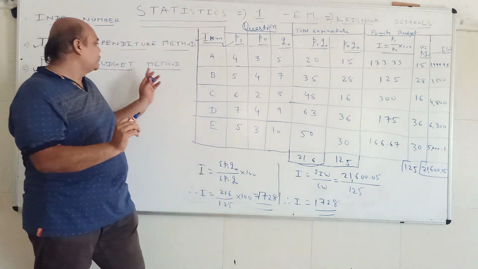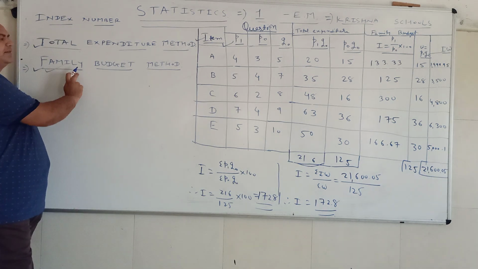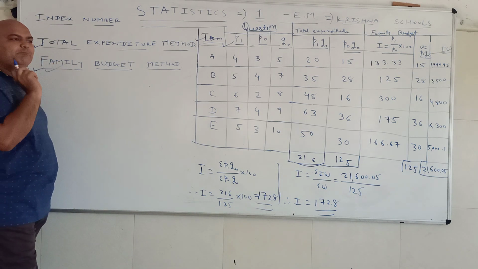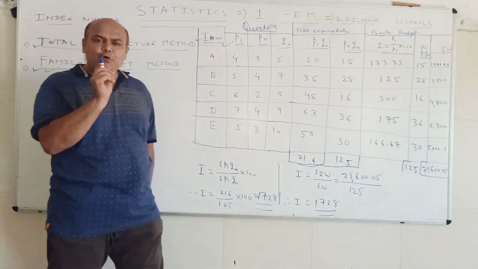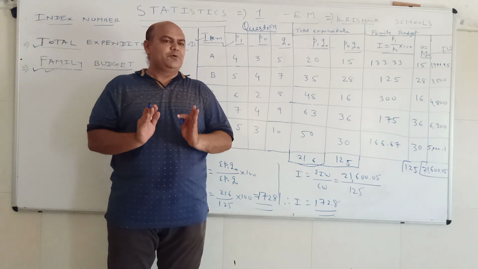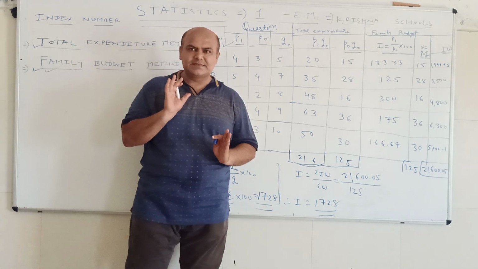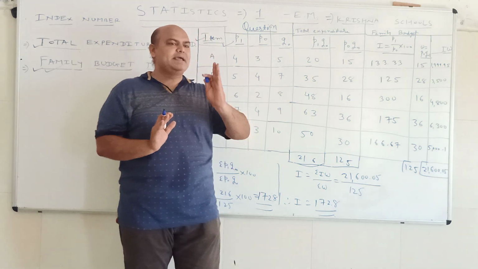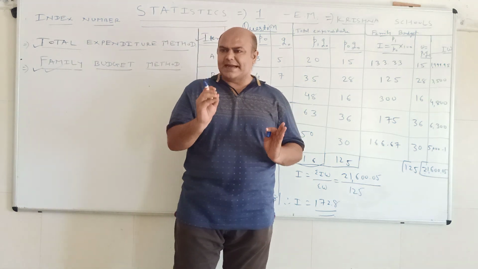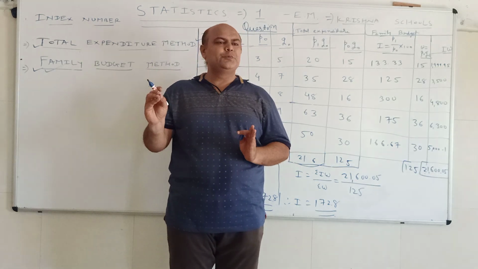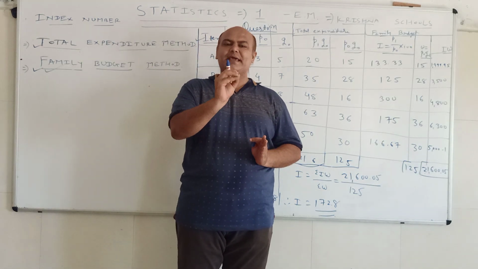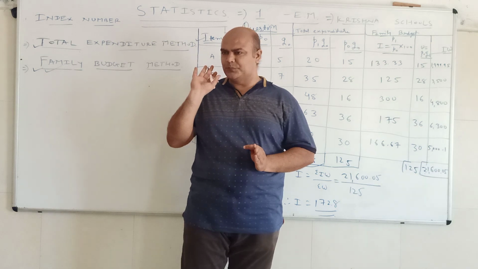Now we move towards our second method, that is family budget method. For family budget method, we have to prepare three additional columns. The first column is I, the second column is W, and the third column is IW.